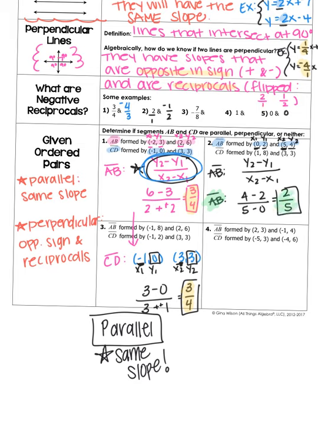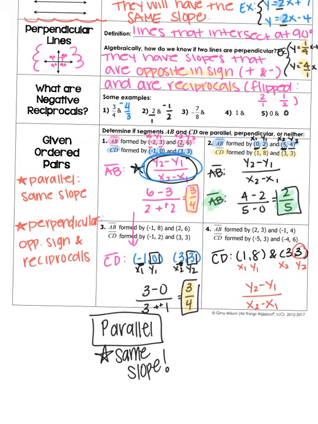All right, so now I'll do the slope of CD. So I'm going to use 1, 8, and 3, 3. Okay, so for CD, my points are 1 and 8 and 3 and 3. So if I label, we'll let this first coordinate be x1 and y1, this second coordinate be x2 and y2. Plug it into your formula. I'll write it again. y2 minus y1 over x2 minus x1.